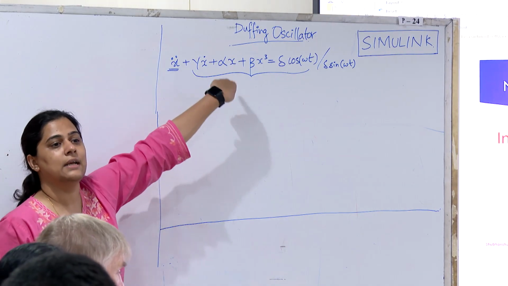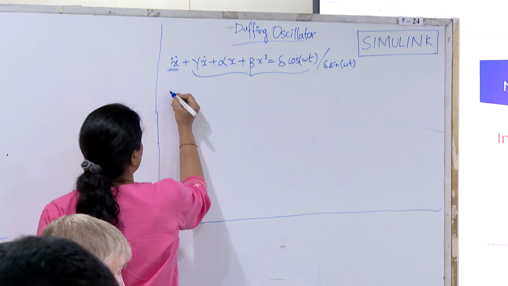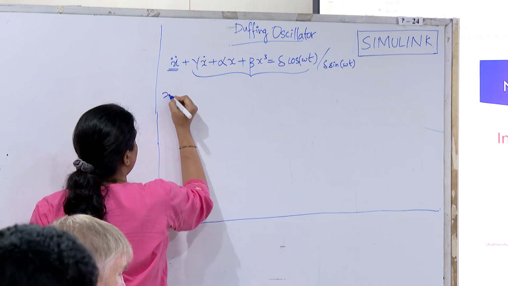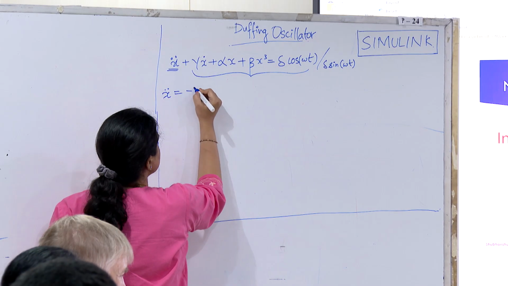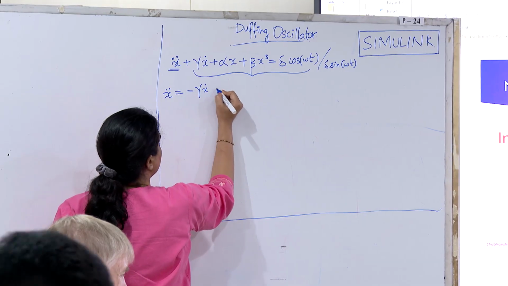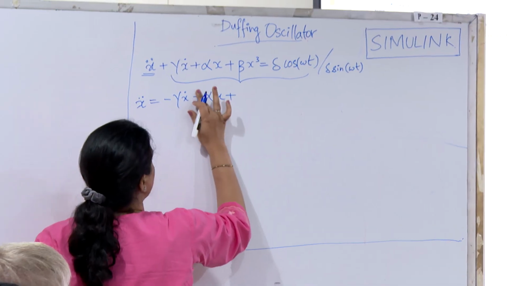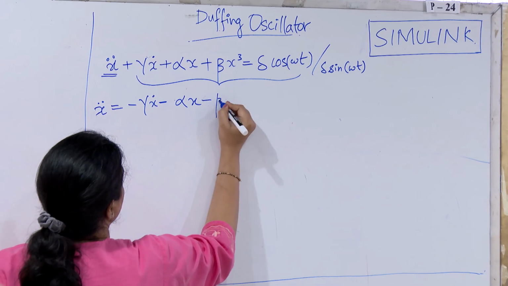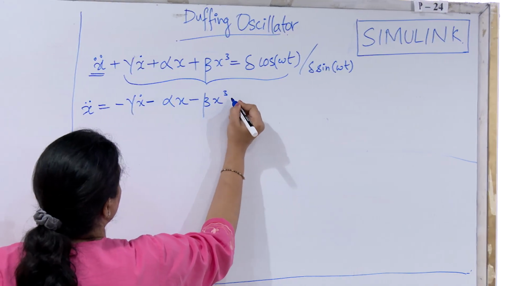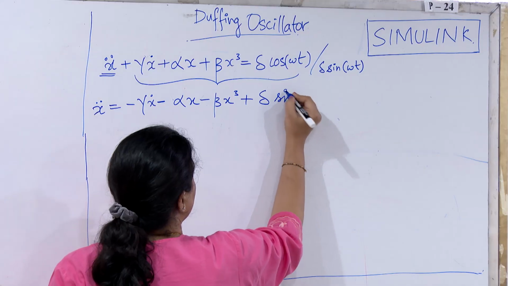Again we can integrate and get x, right? That idea should be there in mind. So for that, what does x double dot become? Your x double dot is minus gamma x dot minus alpha x minus beta x cube plus delta sin omega t.